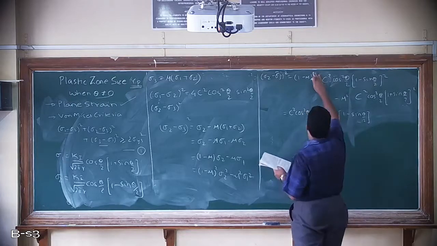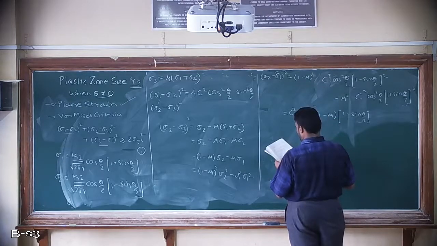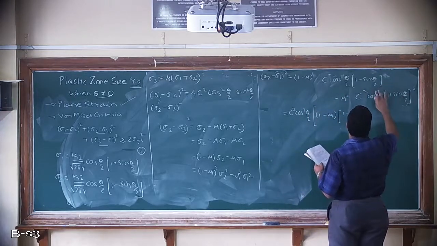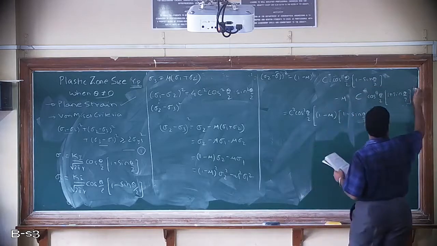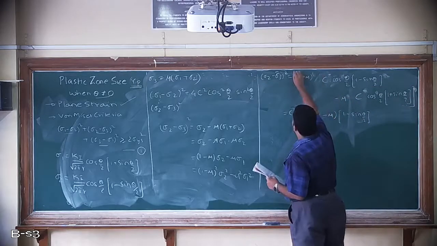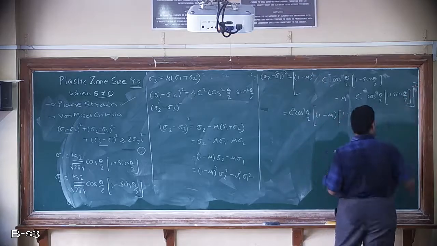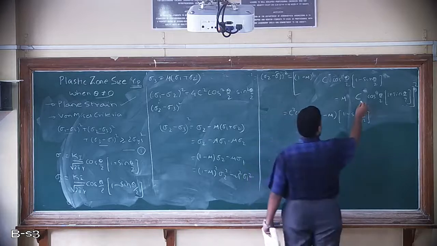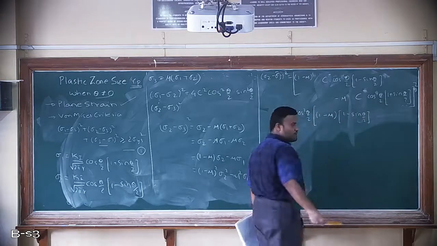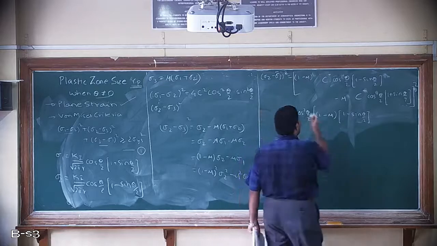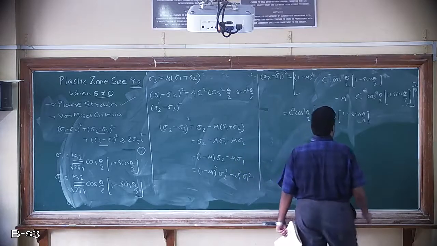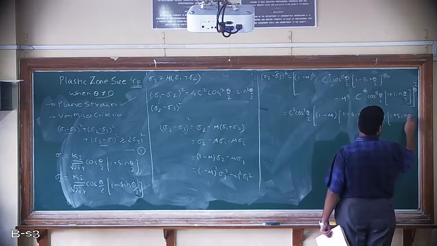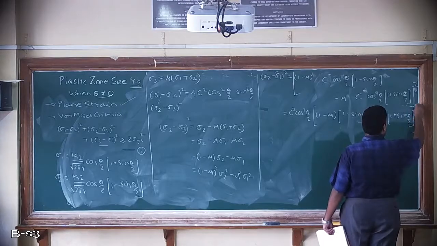Sorry, this will not be whole square over here. There is a small mistake done over here. This whole should be the square. Individual terms cannot be squared. So from this square term, when I take c cos theta by 2 outside, it becomes c square cos square theta by 2. So in the bracket, what remains is 1 minus mu into 1 minus sin theta by 2, minus mu into 1 plus sin theta by 2, and this will be the whole square.